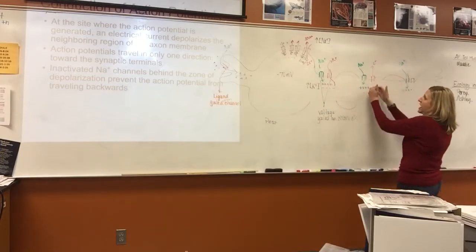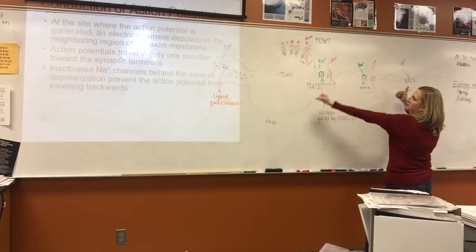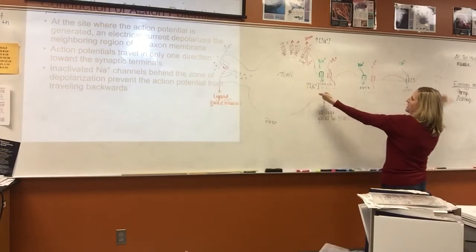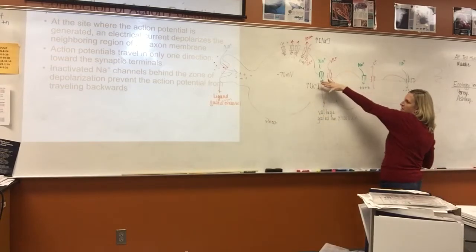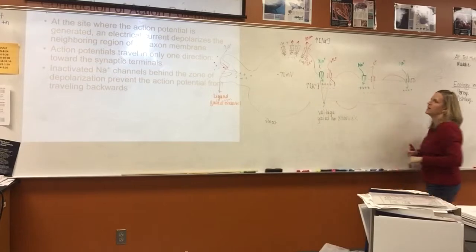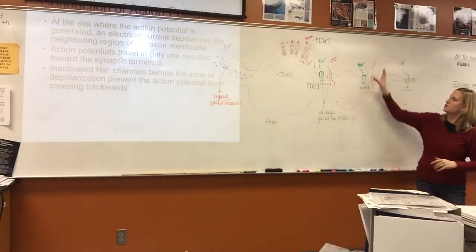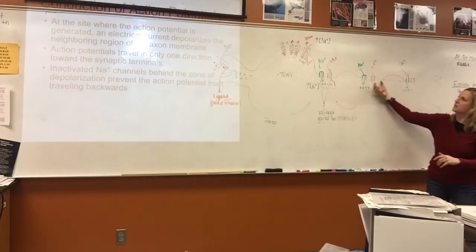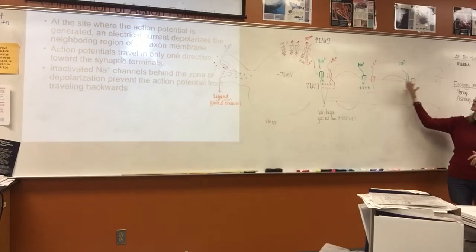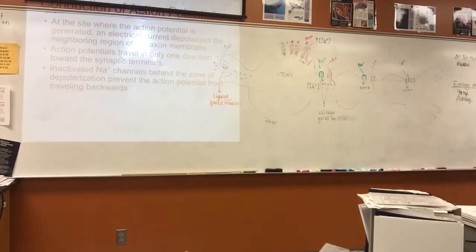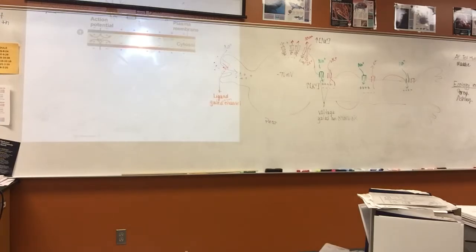Because if it did, you'd have the impulse going in both directions. So they inactivate the gates behind the node that's being depolarized, so that the only one depolarized is the one closer to the synaptic terminal, and that's how it moves down. There's a little more depth than that, but that gives you the idea of why it moves towards the synaptic terminal.